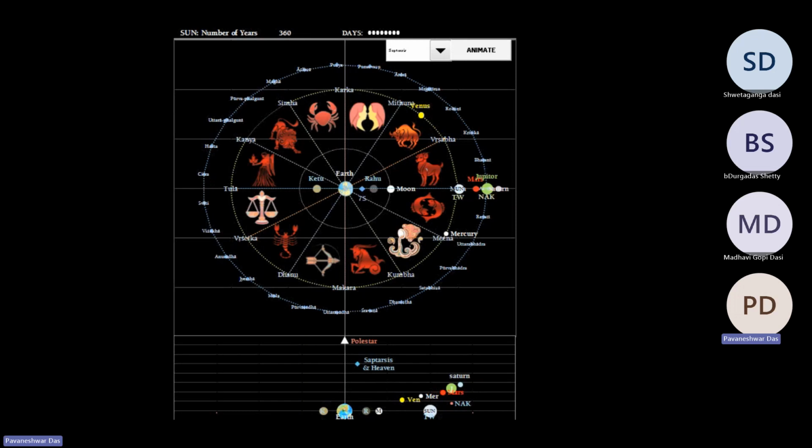So basically 1 day means experiencing sunrise, noon, sunset, midnight, and next sunrise. That is one day. And 1 month means moving from one Rashi to another. 1 year means covering all the 12 Rashis. Because our day and night are with respect to the sun, and we are seeing the sun's motion.